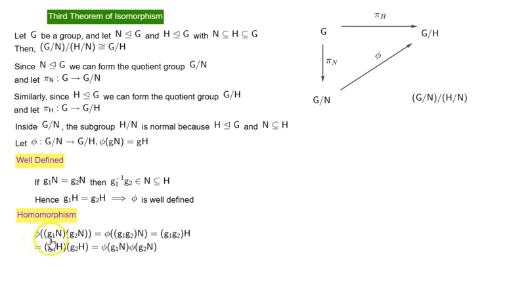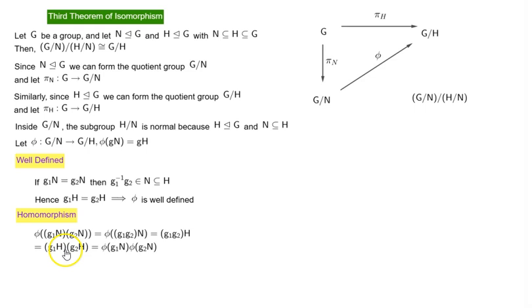Again, phi of g1N times g2N is equal to phi of g1g2N, which is equal to g1g2H, because remember, N is a subset of H. This is equal to g1H times g2H, where g1H is phi of g1N and g2H is phi of g2N.